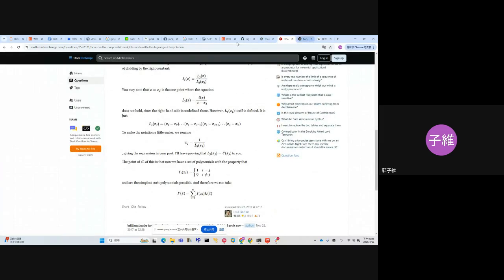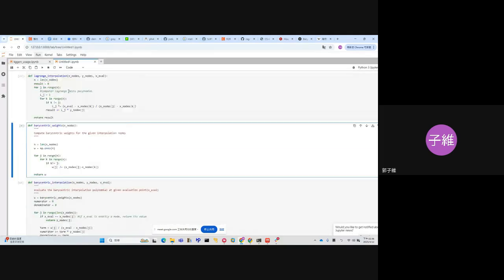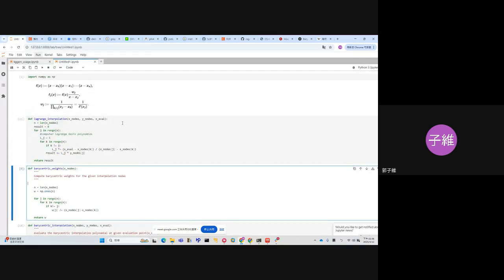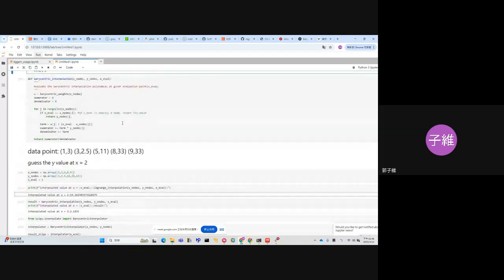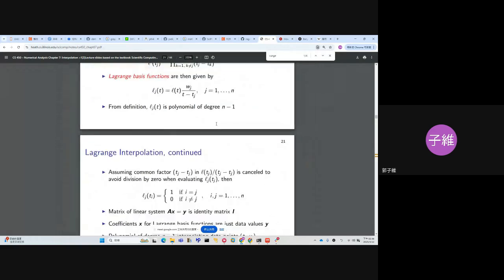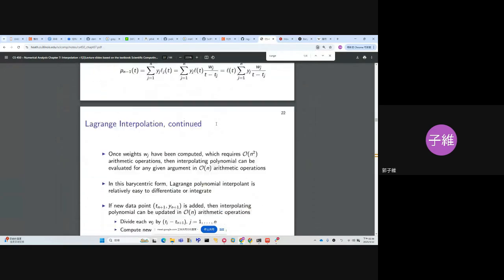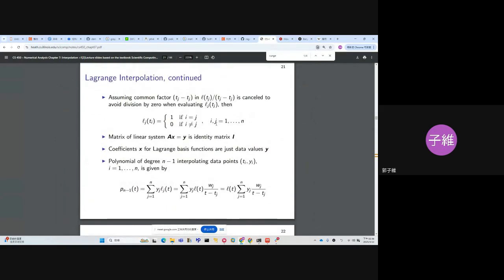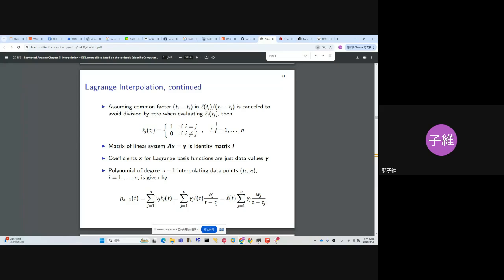And where's the definition? I have it somewhere. Sorry, I'll just pull it up.